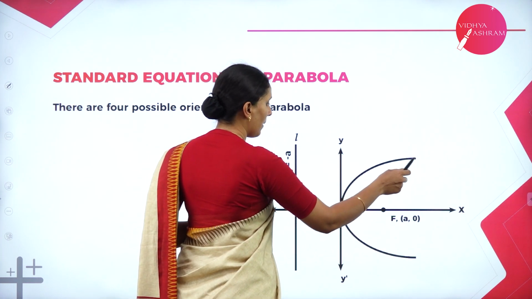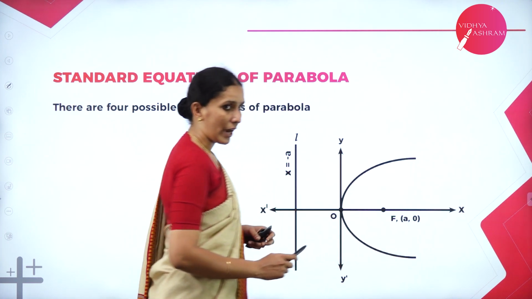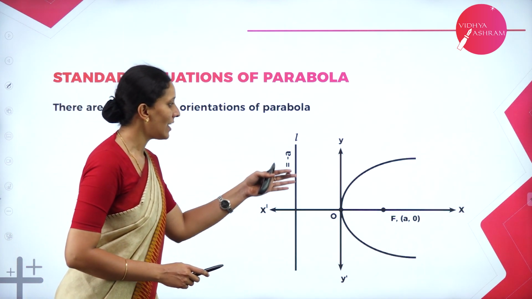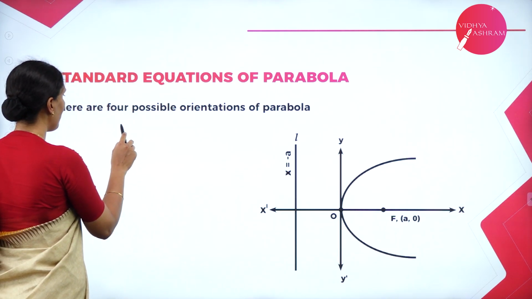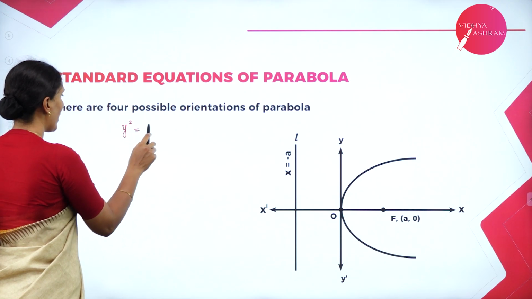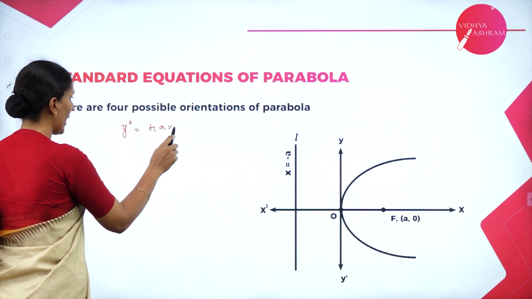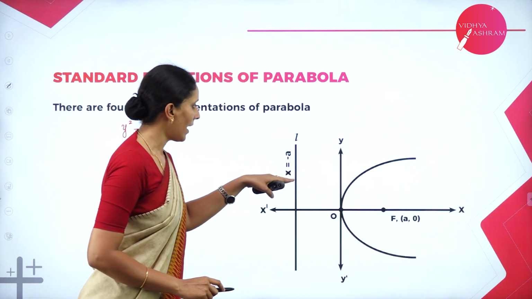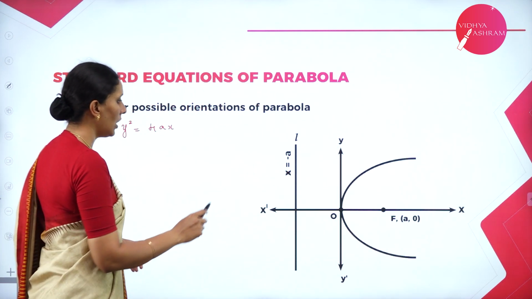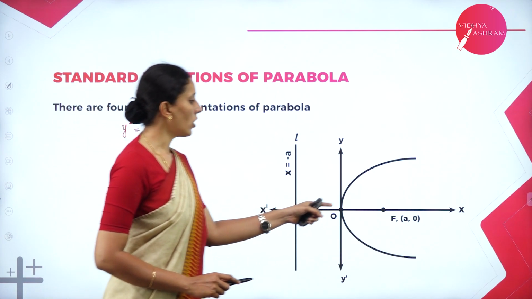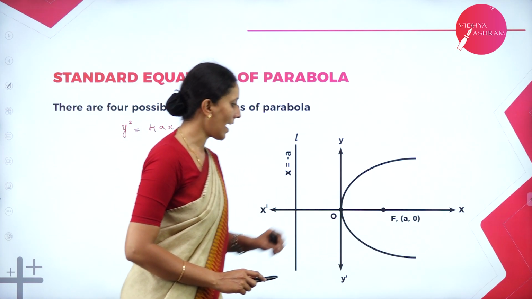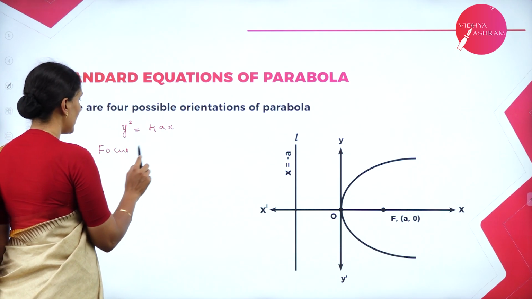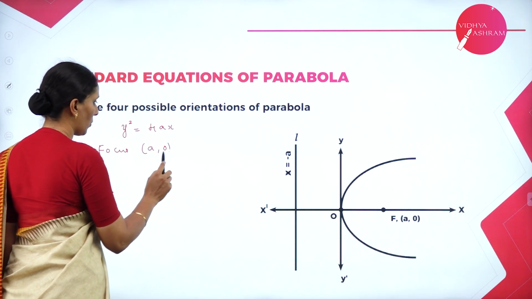Since here the parabola is turning towards the right, this is an example of a right-handed parabola. For such a parabola, we have the equation in the form of y square is equal to 4ax. Now how do we define the focus and directrix here? The focus is along the positive direction of the x-axis, so the focus is given by (a, 0).